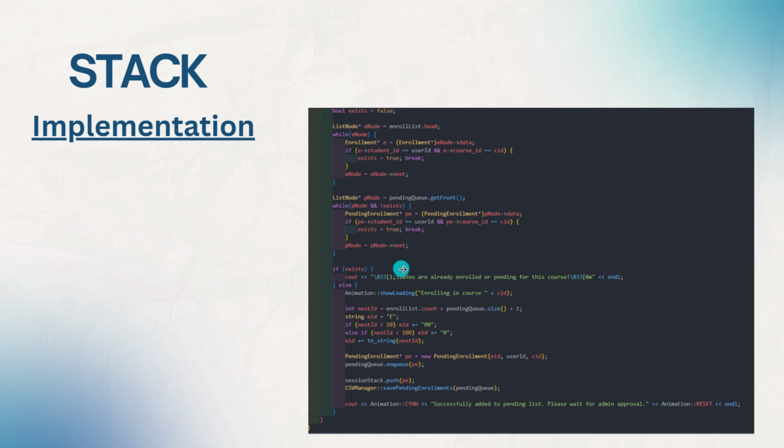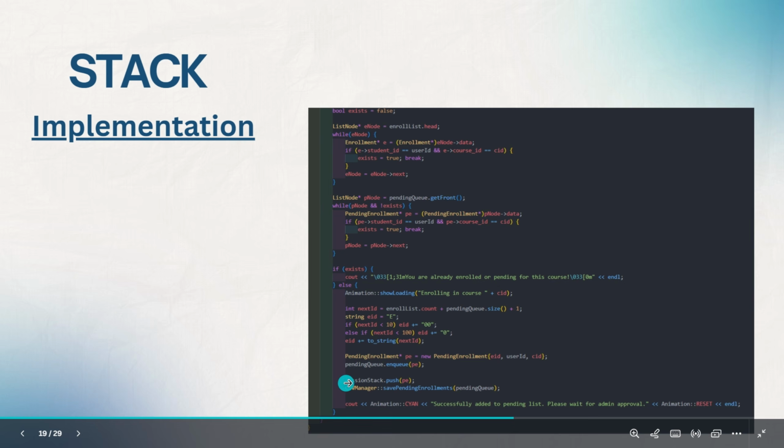If the student is already enrolled or pending for the course, we cannot add another one. But if it's not in the pending enrollment, we can add it. And we write it into the CSV file also.